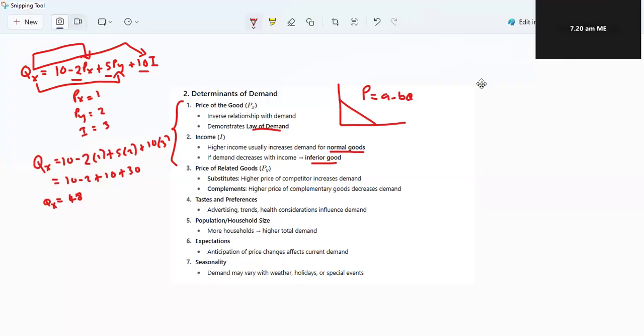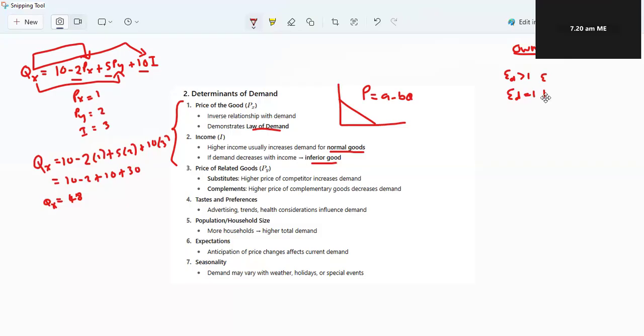Let's go through this quickly. Again, when we come to own price elasticity, what things do we look out for? Just three things. Number one, if elasticity is greater than 1, it is elastic. If it's equal to 1, it is unit elastic.